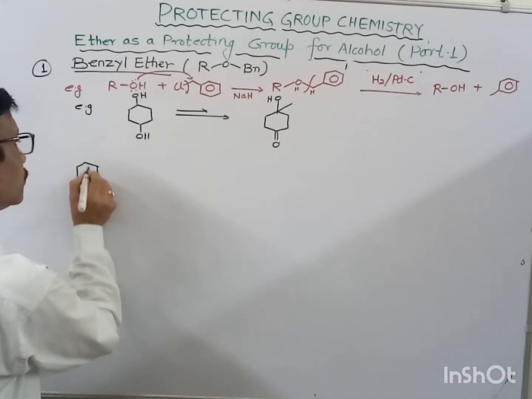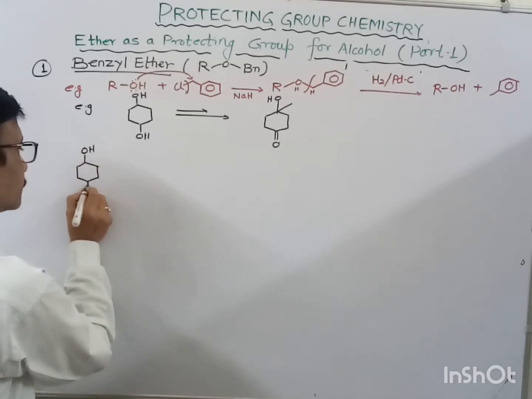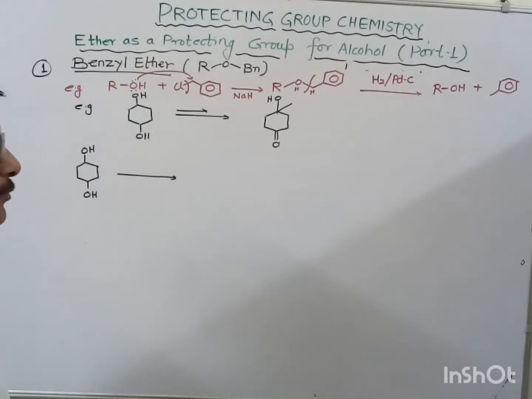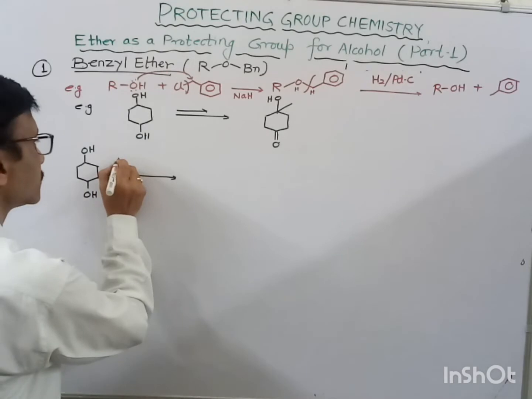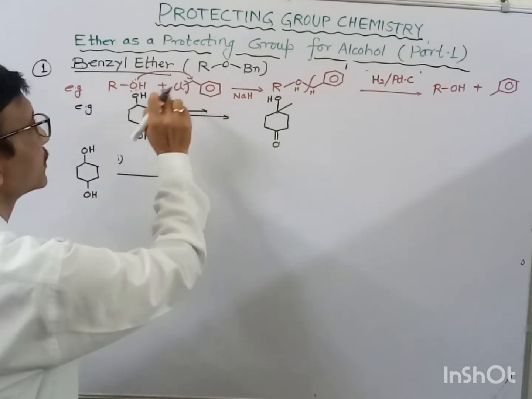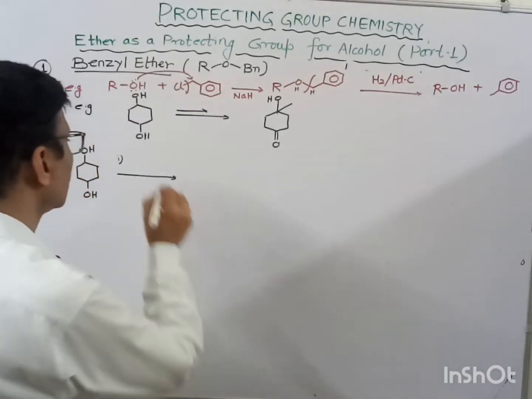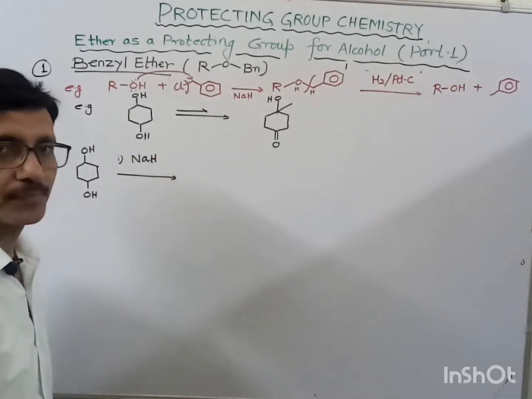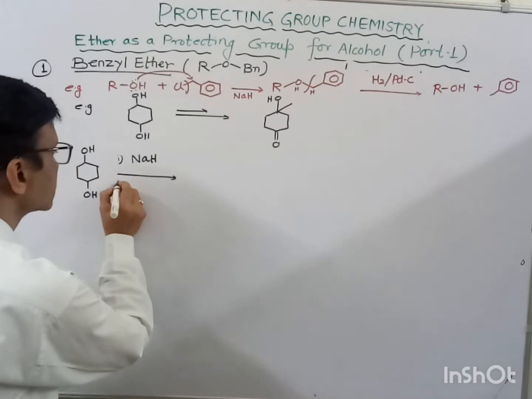We have two OH groups. First I will protect one of the OH groups with benzyl chloride. We may use sodium hydride to extract the acidic hydrogen.